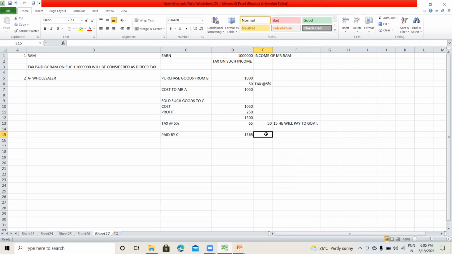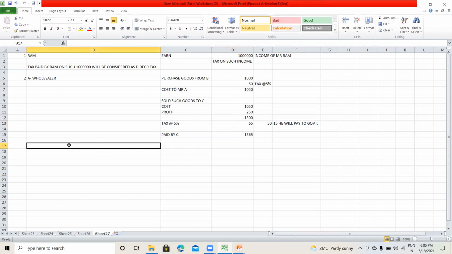So in this case, this is known as indirect tax: the tax which is levied on the price of goods or services, where the burden of such tax is shifted from one person to another person.